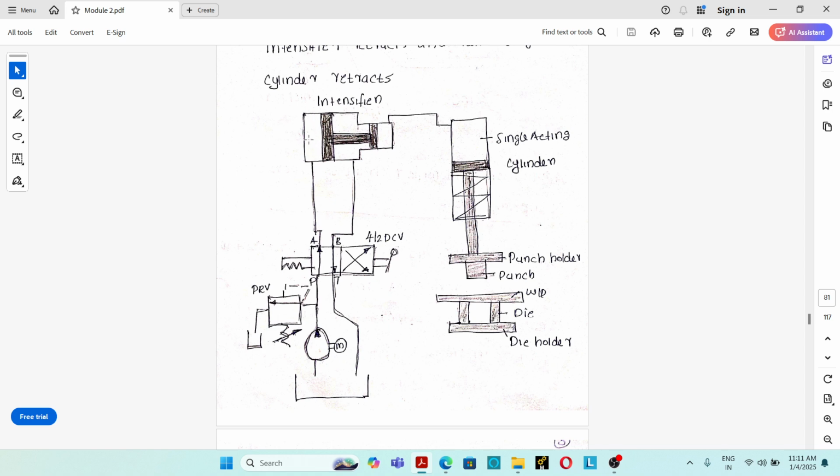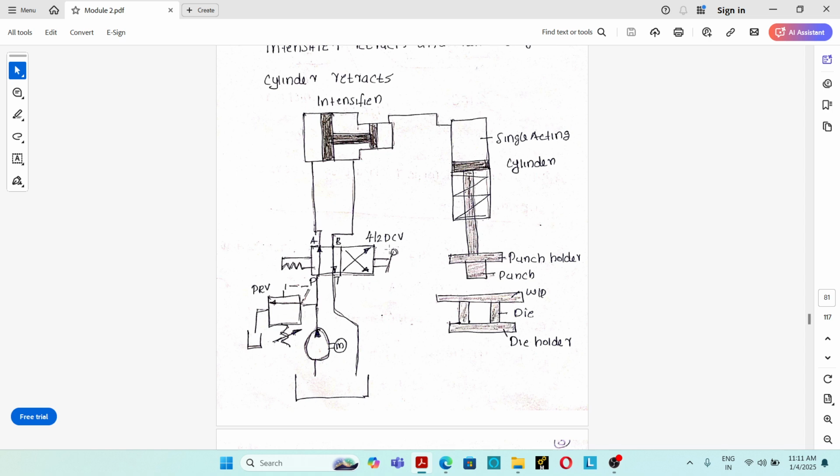From this low pressure chamber, the hydraulic oil exerts a pressure over the large area piston. Due to that pressure, the piston will move in the forward direction. At the same time, in the high pressure chamber, the piston will also move in the forward direction and pressurize the hydraulic oil. That hydraulic oil flows to the single acting cylinder and produces the necessary work output.